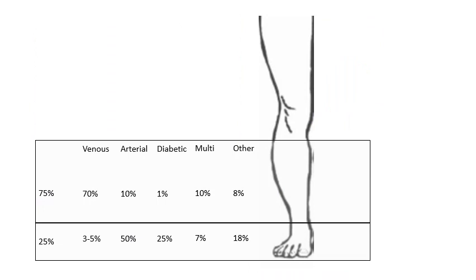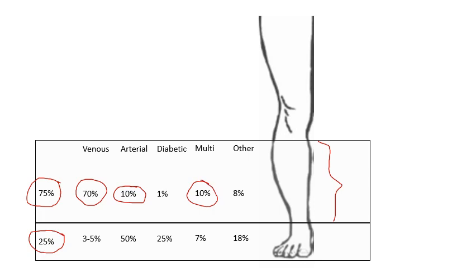What I want you to just keep in mind, but this is not going to directly affect your diagnosis, is that 75% of wounds on the lower extremity are located above the ankle, and 25% located around the ankle or the foot and or the toes. Wounds that develop in this area right here are in 70% of the cases venous, whereas only 10% are arterial, and it could be a combination or others that we're going to get into.